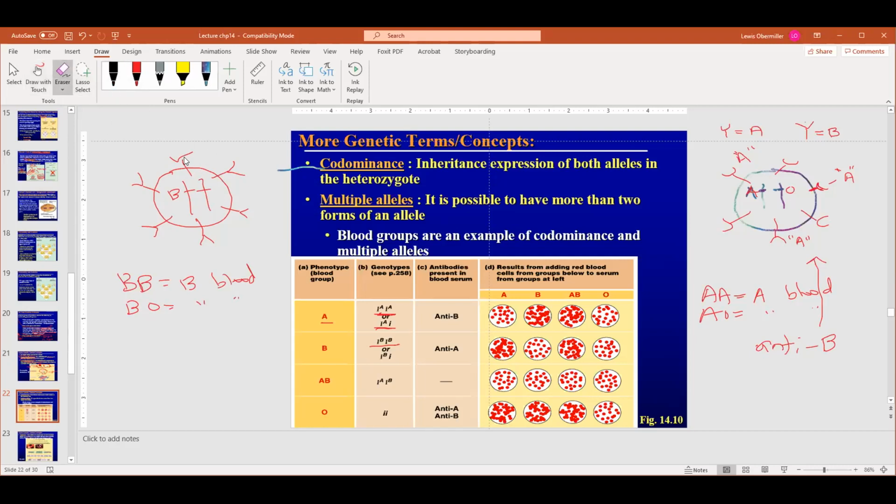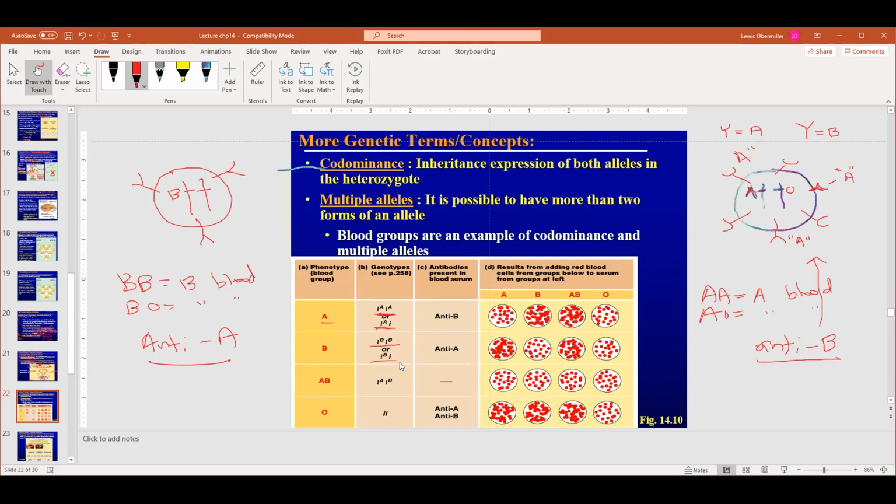It doesn't make the right shape, so you're going to lose half of your receptors, but you're still presenting B. You still have B, and your body's going to make anti-A, because A would be foreign. B is in your body, so it's not foreign. This makes anti-B because A's are in your body and B's would be foreign.